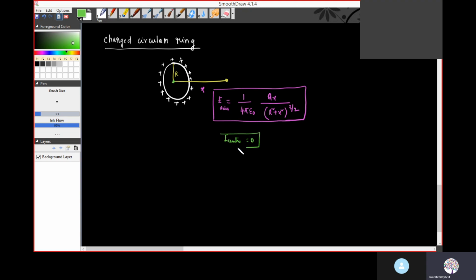Why is it becoming 0? Because we are putting x is equal to 0.